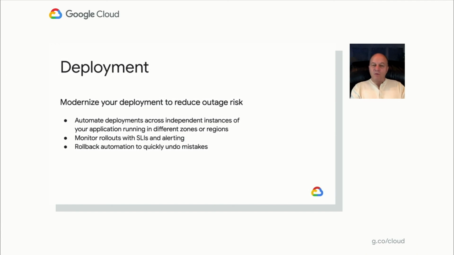So a few tips, and this is a deep area, so I'm just going to scratch the surface, but shameless plug for the SRE book if you want to read a lot more about this. In general, the best way to manage a change and thus minimize the risk of a change-related outage is, first of all, to practice progressive rollout. Right? And progressive rollout means that you apply updates to instances of your application either in different zones and regions independently or to small fractions of your instances first and then greater fractions as you gain confidence that everything is working the way you expect.